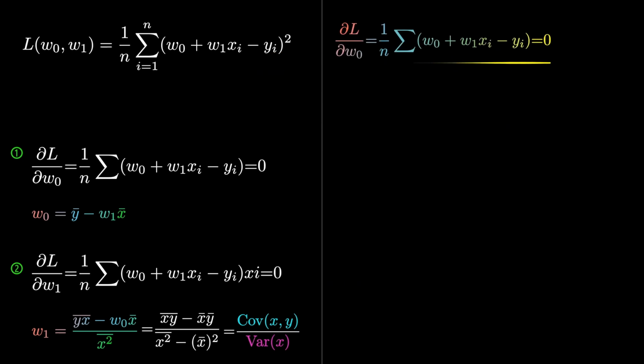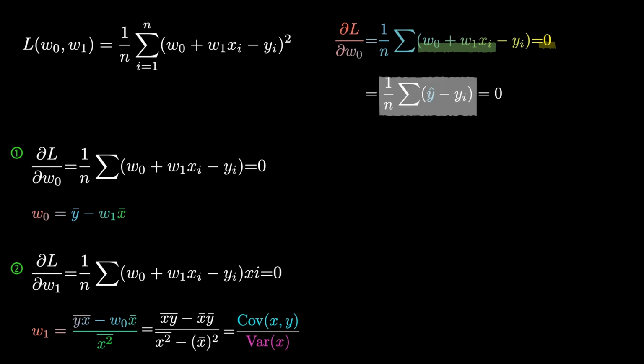Let's make it more intuitive. The optimal W0 is the value that sets the partial derivative with respect to W0 to 0. If we rewrite the derivative in terms of y hat, what does it mean? Think about it. It's the average of the residuals, the errors, and it equals 0.